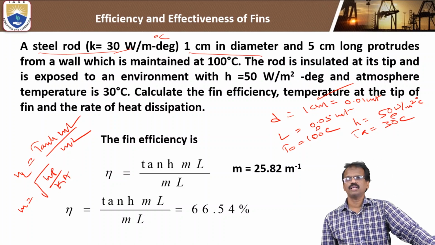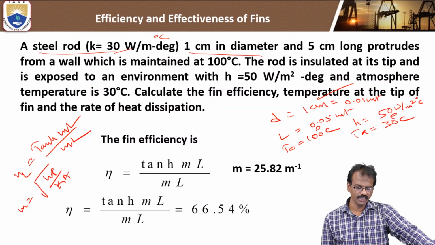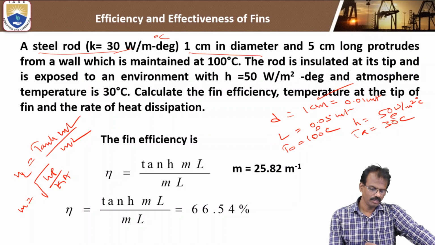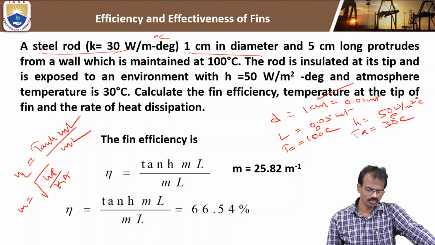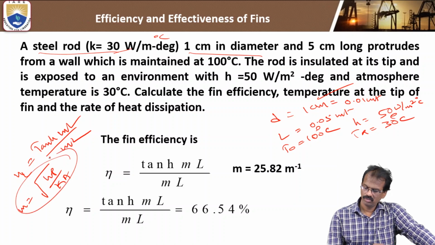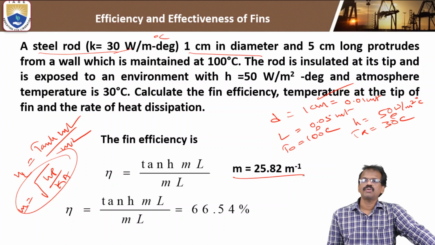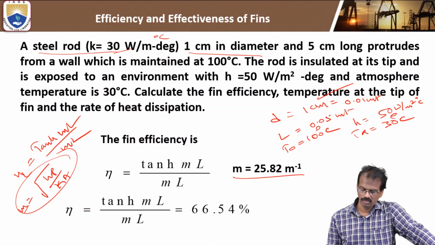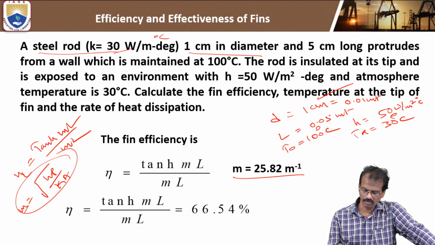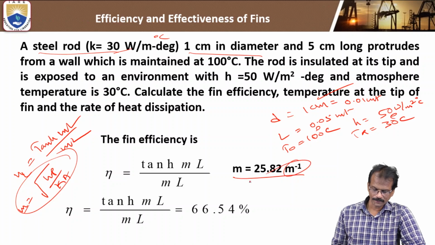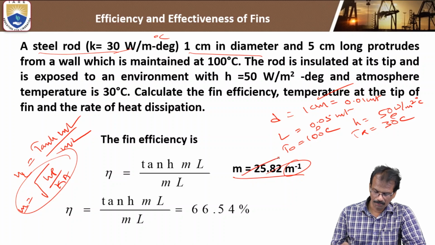H value given, k also given, P is pi d, perimeter, area is pi by 4 d square. So you know those values. If you substitute the values, then you will get the m value. That m is equal to 25.82 meter to the power of minus 1, inverse. So this is the m value.